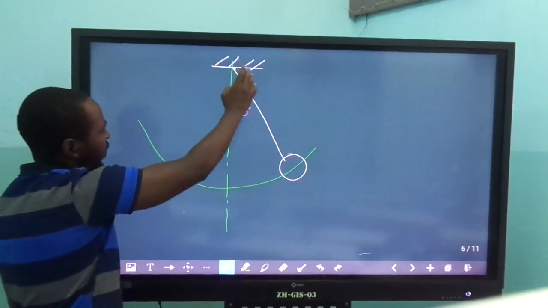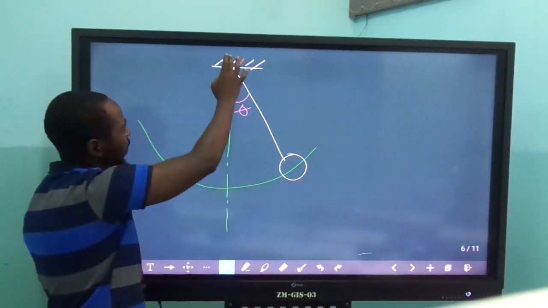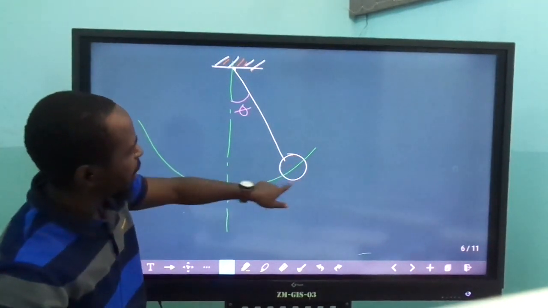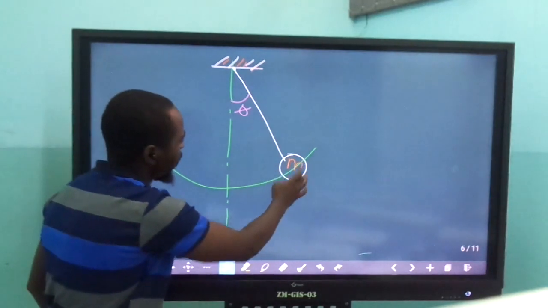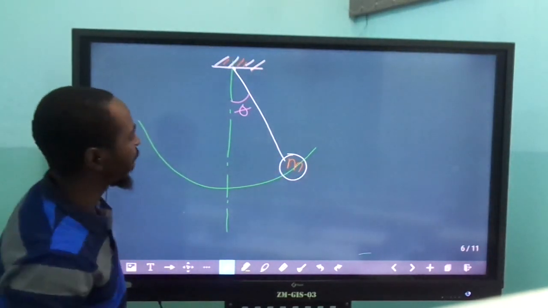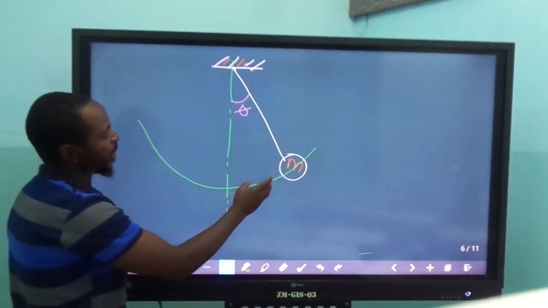Let us have a bob of mass M connected to a rope which is fixed at one end and free at the other end.